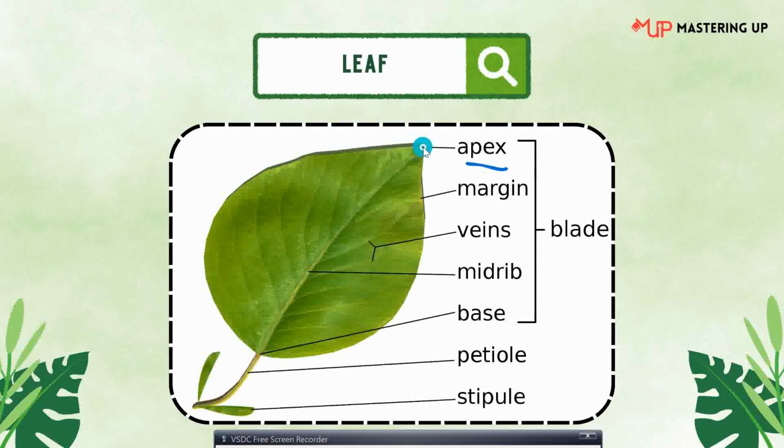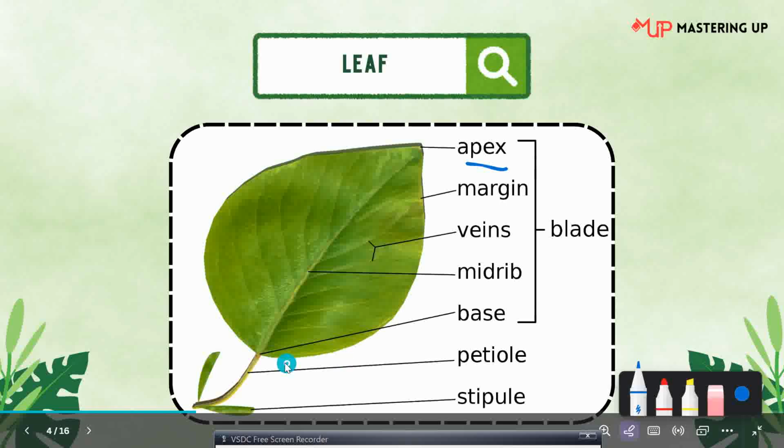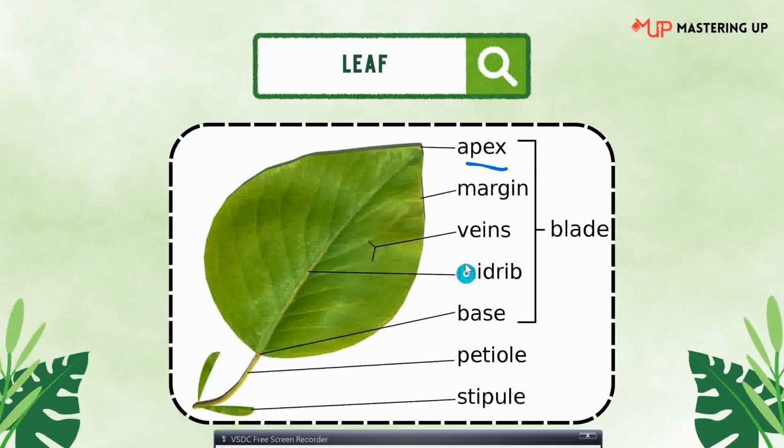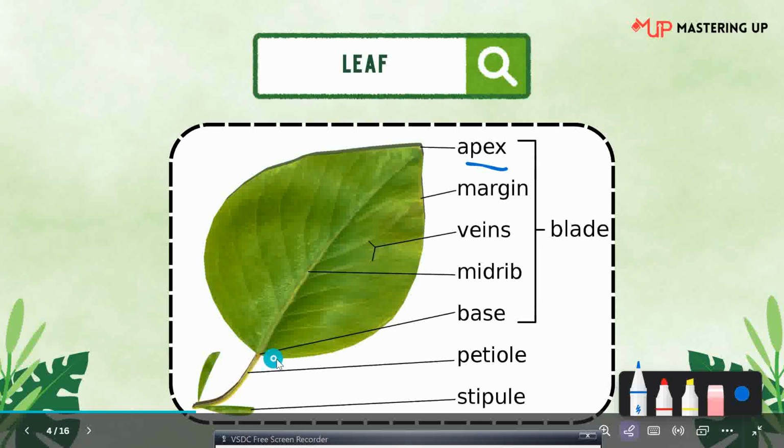This top portion is known as the apex, the main vein is known as the midrib, and the side veins are known as veins, and the basal part is known as the base of the leaf. So it's apex, margin, veins, midrib, and base. These constitute the blade of the leaf. And the part which connects the leaf blade and the branch or sub-branches, that is called the petiole. And we have small leaf-like structures, that is the stipule. So this is basically the structure of the leaf.